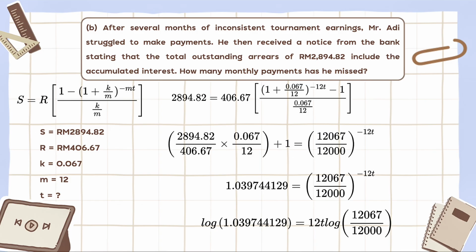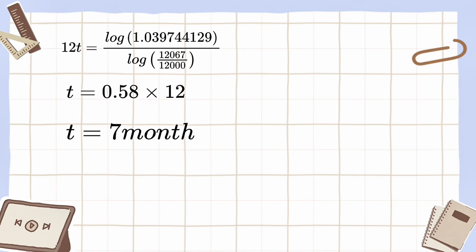Next, we have to use log on both sides to solve for t. But first, we have to bring 1.039744129 to the right side to divide by 12067 over 12000, and for both of them we must use log in order to find t. After that, we will get the answer, which is 0.58.